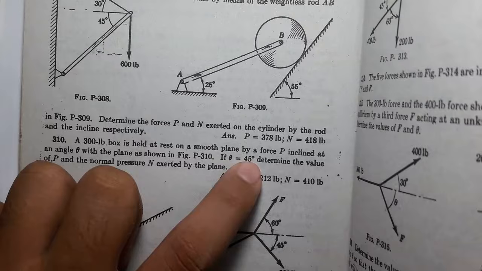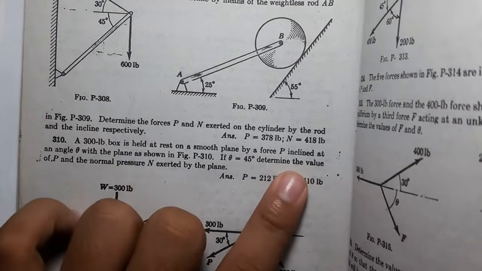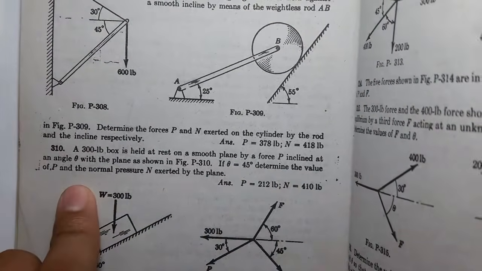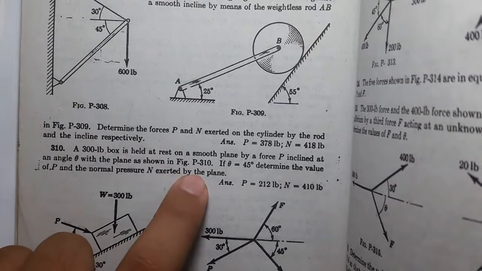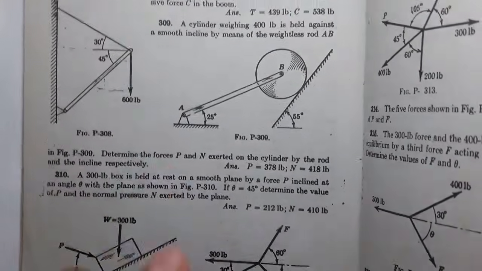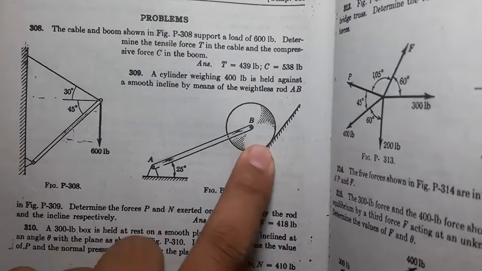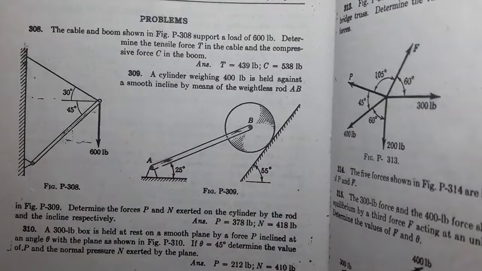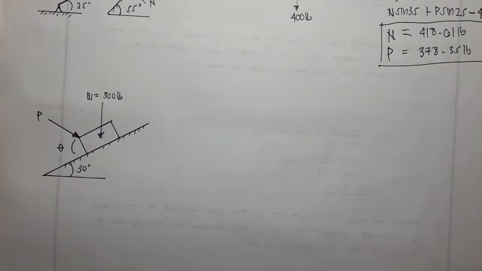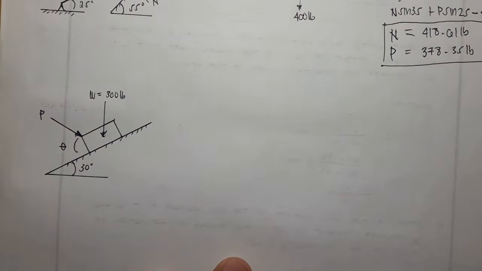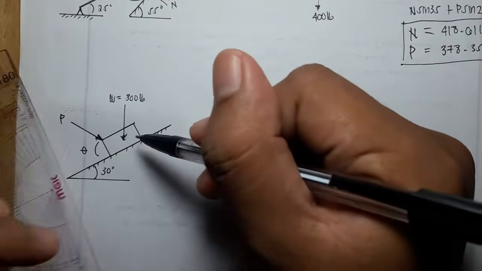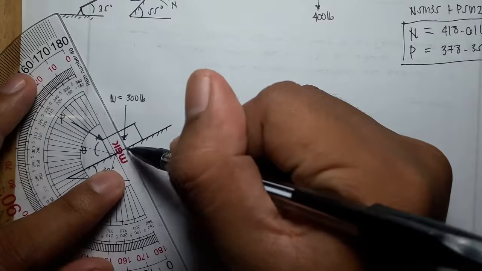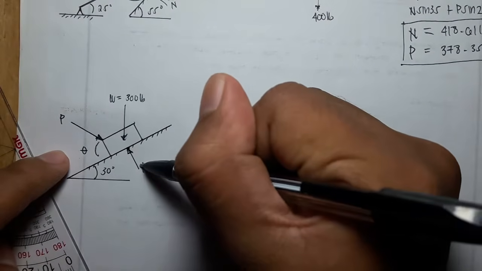If theta is 45 degrees, determine the value of P and the normal pressure N exerted by the plane. So just like here, there is a normal force on the plane. Now we have normal force here, N.